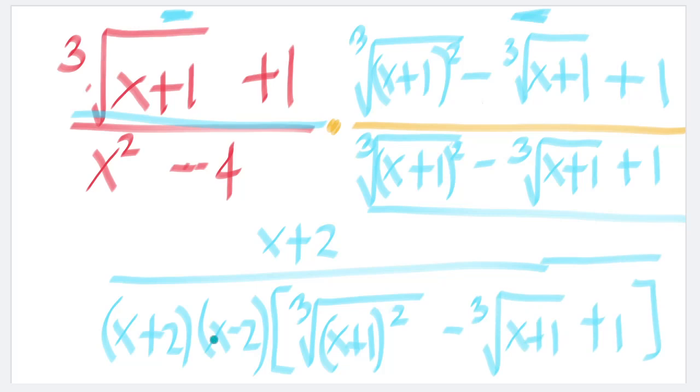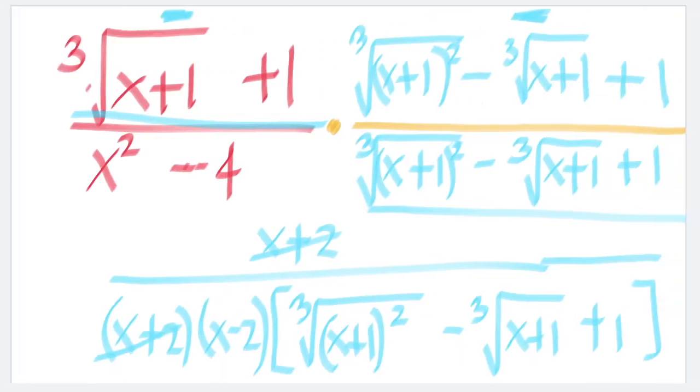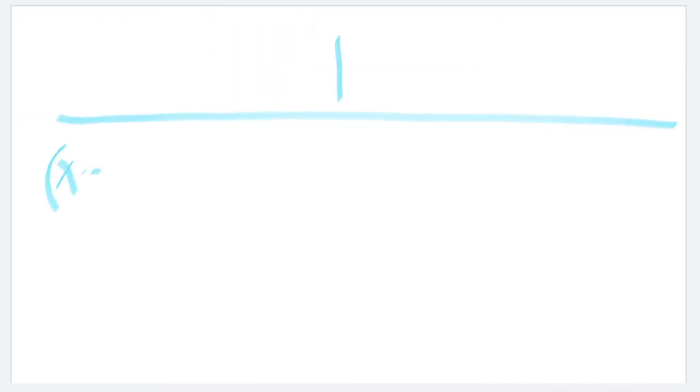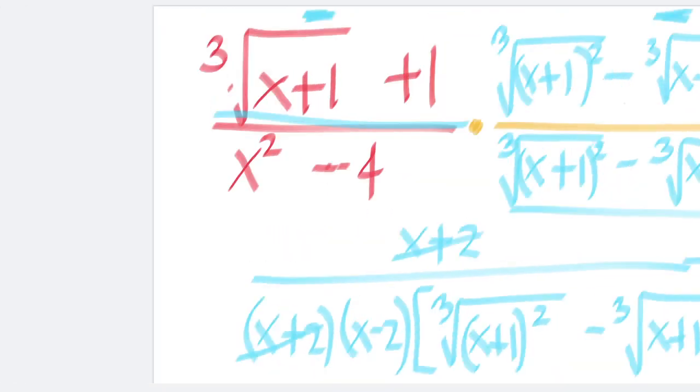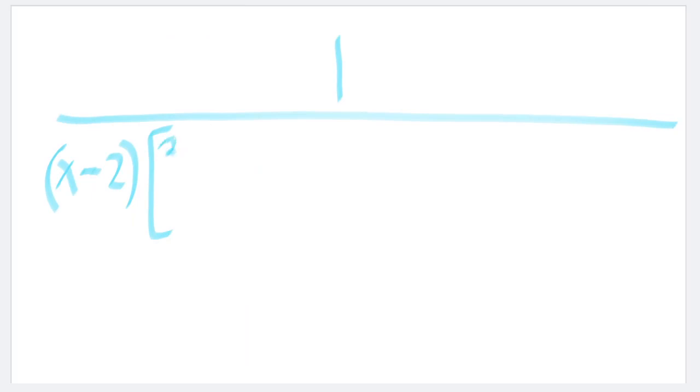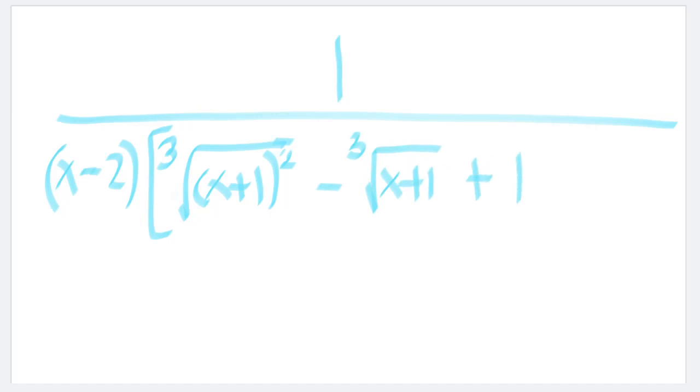Of course, you can cancel x plus 2. So the remaining terms are on the numerator 1. On the denominator, you have x minus 2 quantity cube root of x plus 1 squared minus cube root of x plus 1 plus 1.